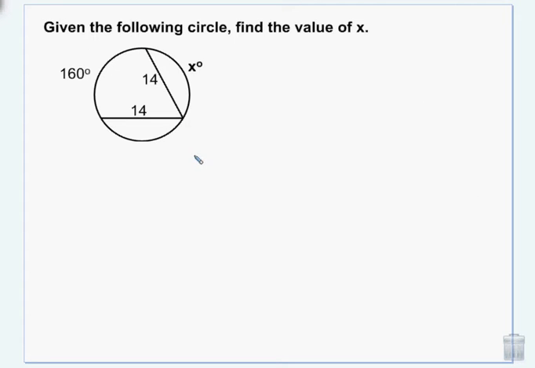Here we've been given a circle, and I have two chords that are the same length. And if I have two chords that are the same length, my arcs are also going to be the same length. So chords are equal means arcs are equal.